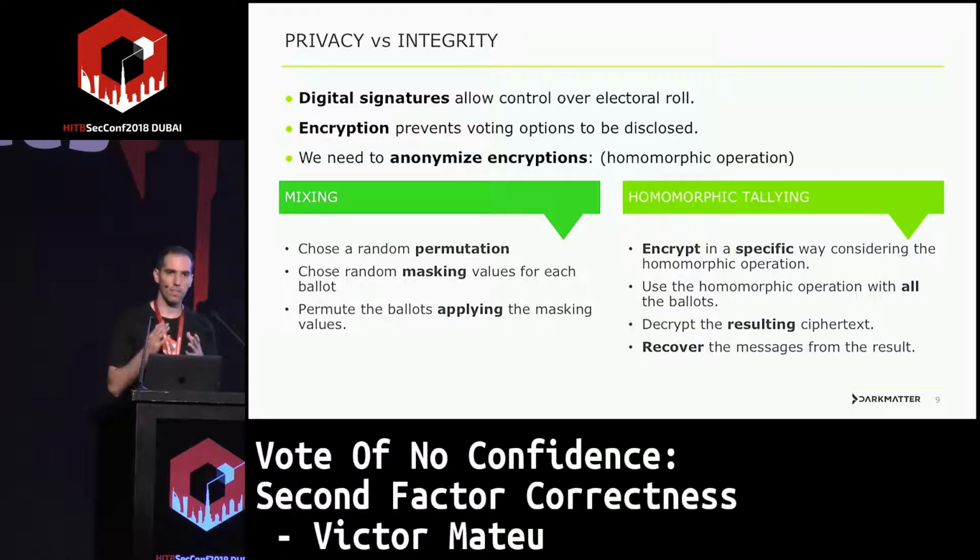With the homomorphic tallying, we have a different approach in which what you do is you have all of them and you operate them. So let's suppose that you vote for prime numbers. So I vote for number 3 and another colleague votes for number 5. The homomorphic operation of these two ciphertexts will result in a new ciphertext encrypting 15.